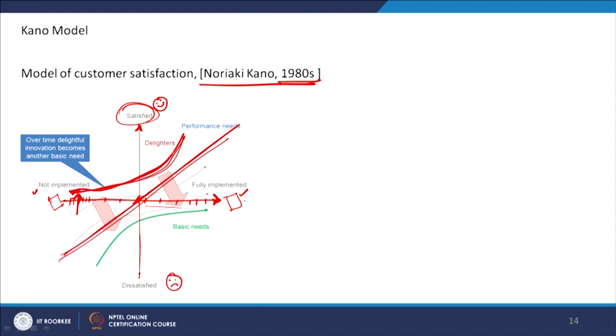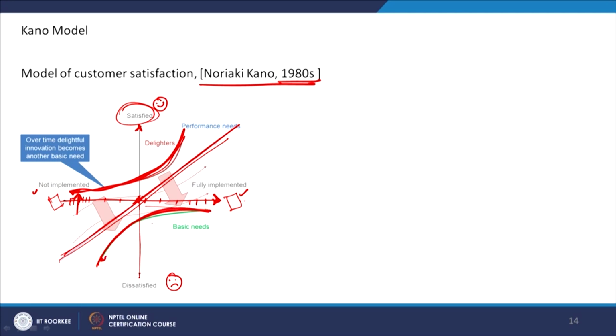So this line is the delighters line, where customers are delighted. Similarly, this line is the basic need, where the customers will not be delighted at all. This line is the bare minimal performance, otherwise the product will not even be sold.